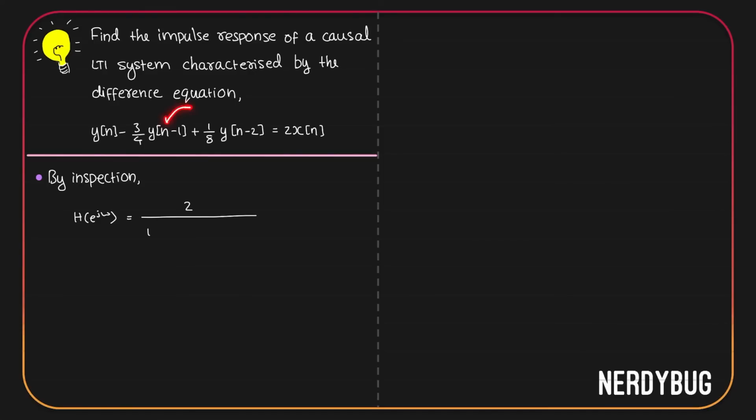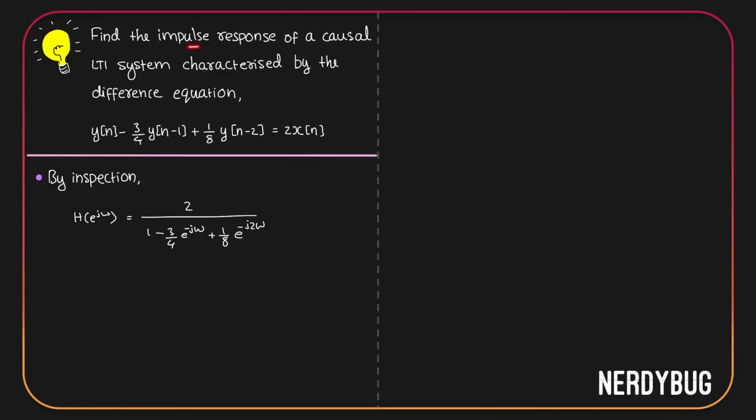For y of n minus 1 coefficient is minus 3 by 4. So minus 3 by 4 e raised to minus j omega. For y of n minus 2 coefficient is 1 by 8. So 1 by 8 e raised to minus j 2 omega. This will be the frequency response of our LTI system.